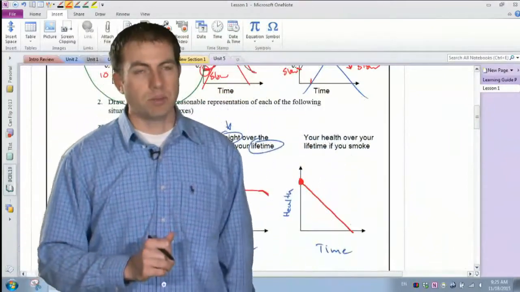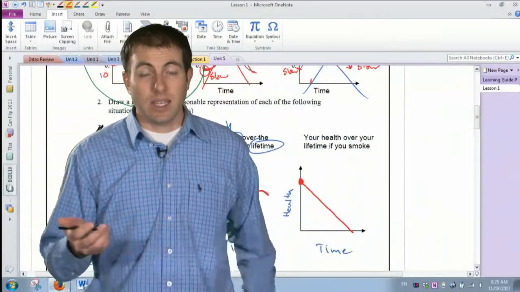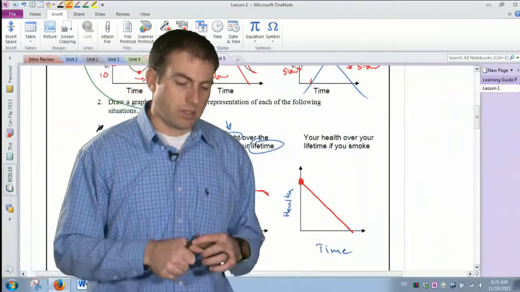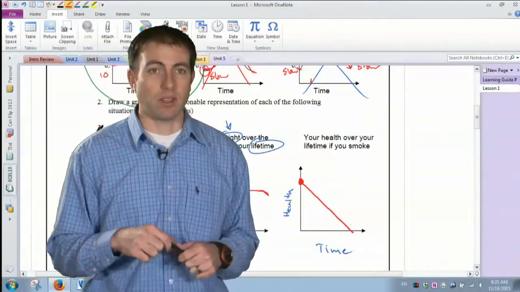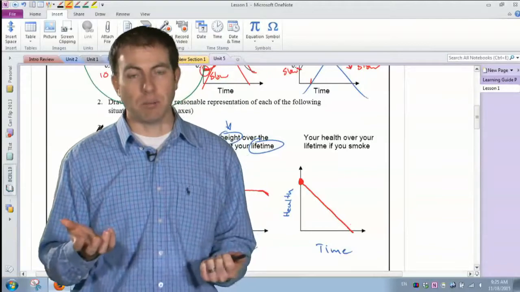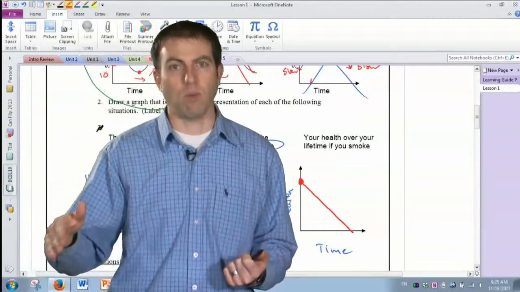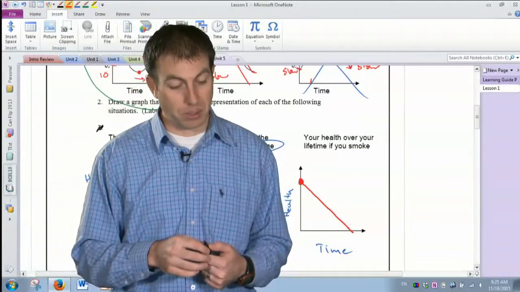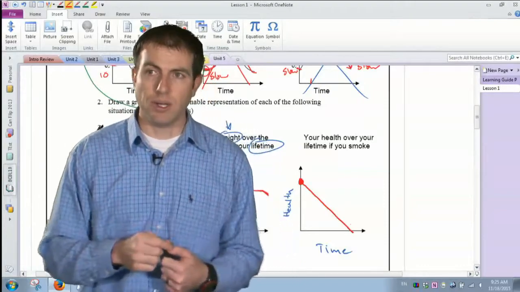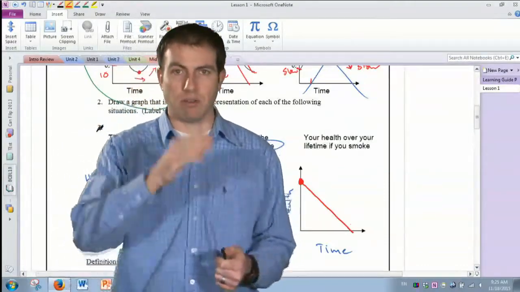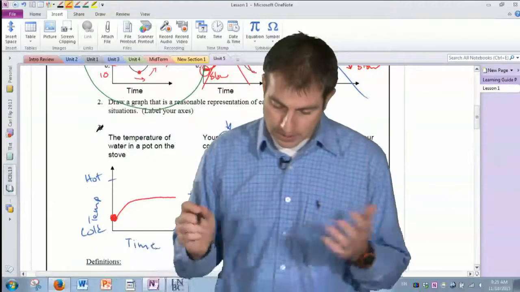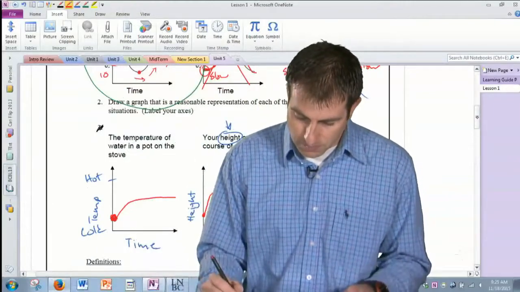So I would probably draw a line something like that. There's no scientific evidence or anything behind my little red line here, but if you think about it, you start with good health and you get worse as time goes on. So I would start it up high and then go down low. So we don't always have to start at the bottom of a graph. We can start up at the top and go down. It's just the way that worked out.